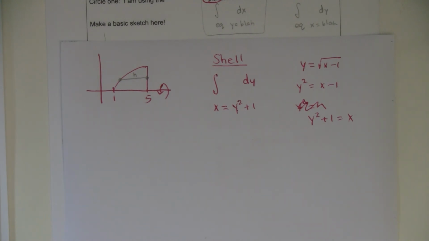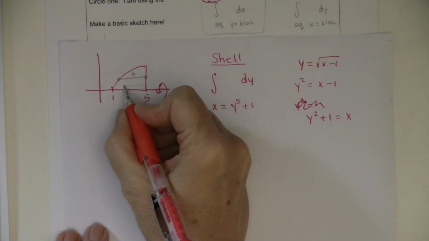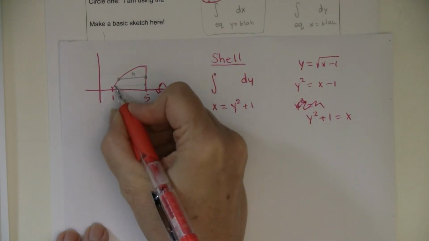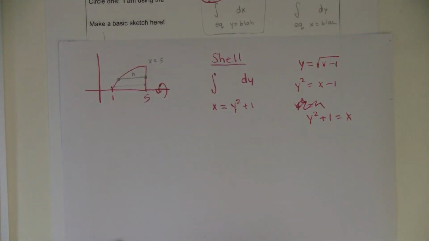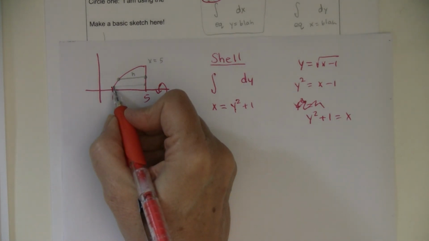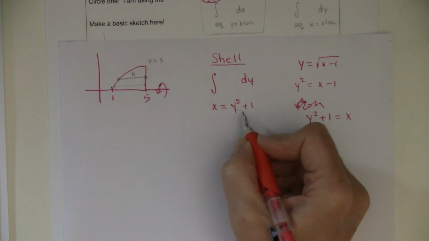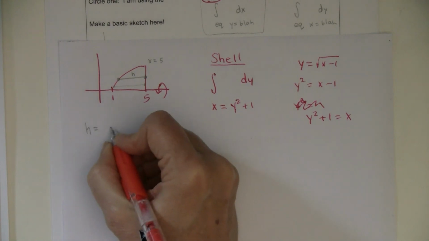And you see that any h that I would draw would have this straight line as its right curve. That line is x equals 5. It's also solved for x, right? And any h would have as its left curve y squared plus 1. So h is equal to 5.